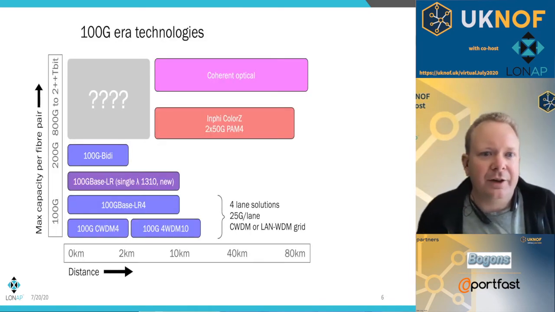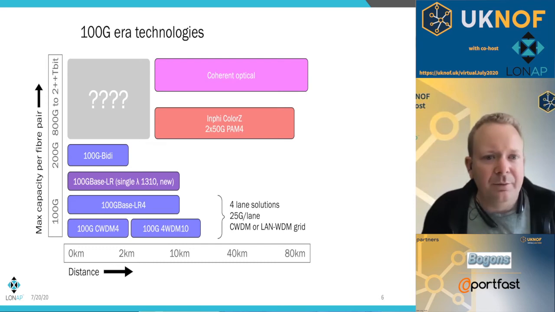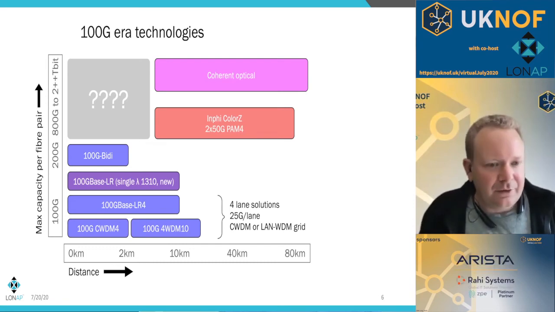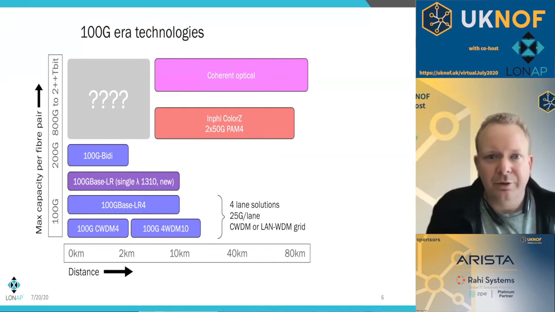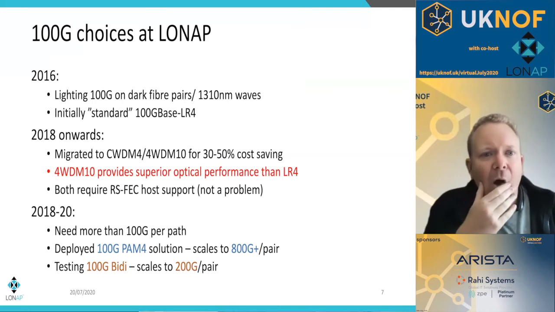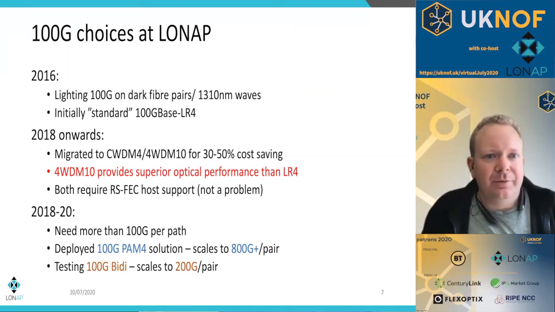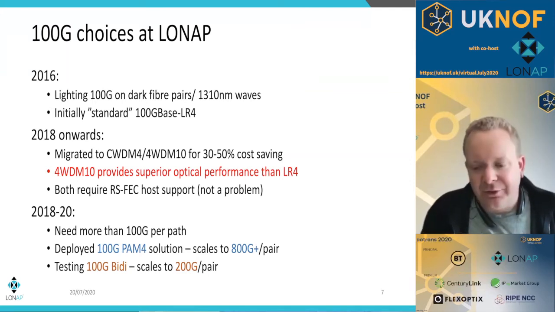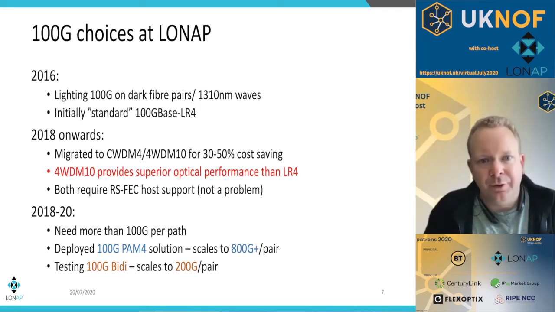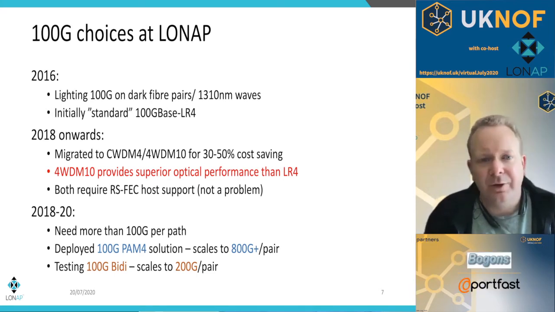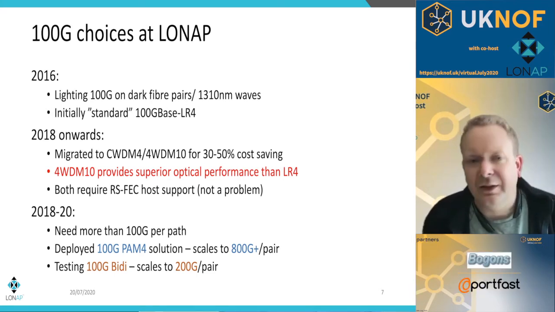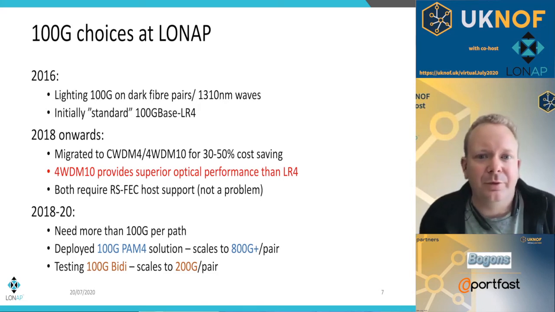So let's move on from there. Let's move on to the 100 gig era. We started with 100 gig LR4, lighting single links. I'll return to this page in a minute. We initially started with standard 100 gig and then migrated onto CWDM4 or 4WDM10 optics for a bit of cost saving, and 4WDM10 enables us to light the 10K links with a superior optical performance than LR4.